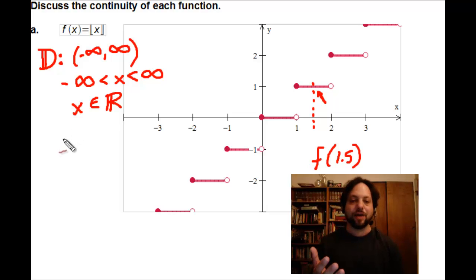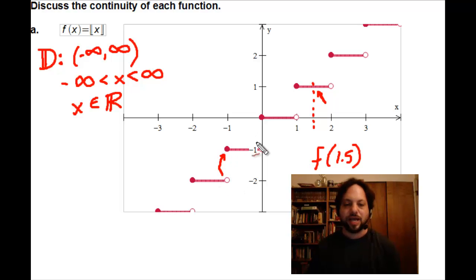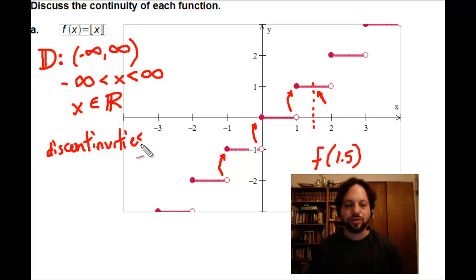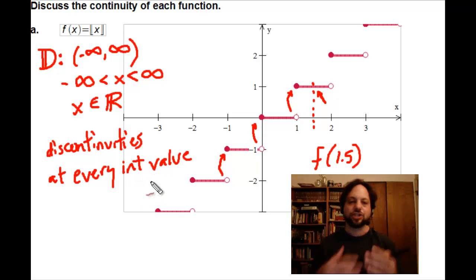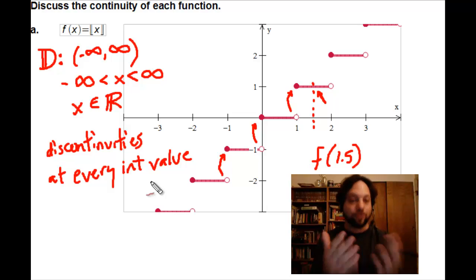Along that domain, however, there are some discontinuities. Notice that we're jumping from here to here, and again from here to here, and again from here to here. We keep jumping. So what we might want to say is that there are discontinuities at every integer value, and to any mathematician or anybody at your level, that will make sense.